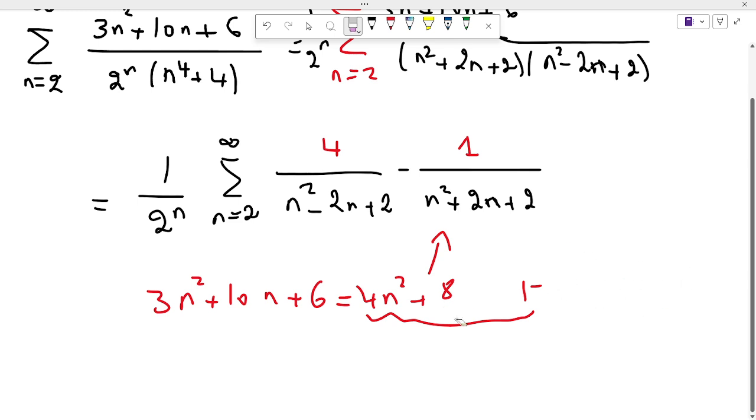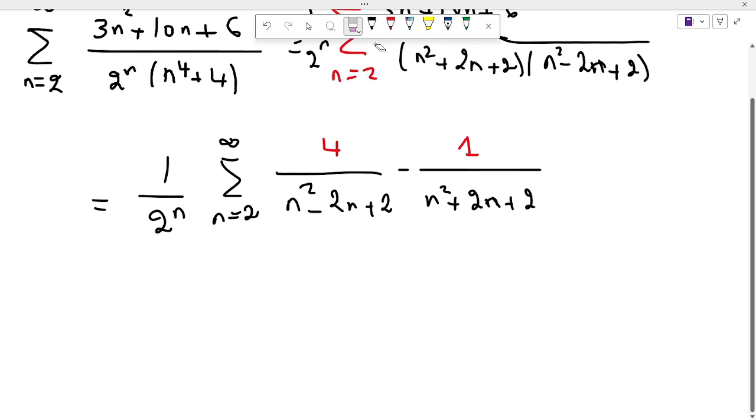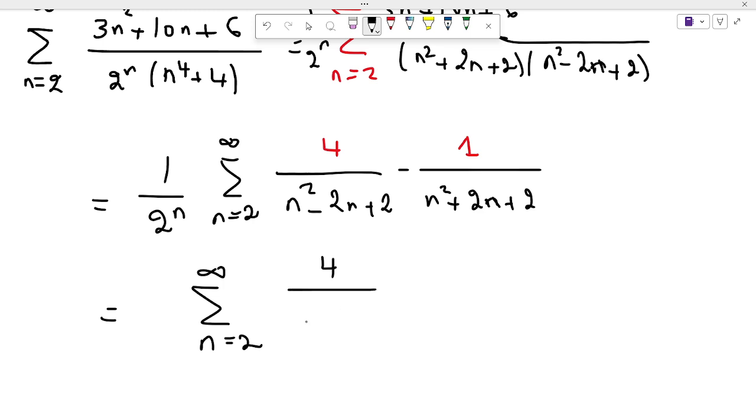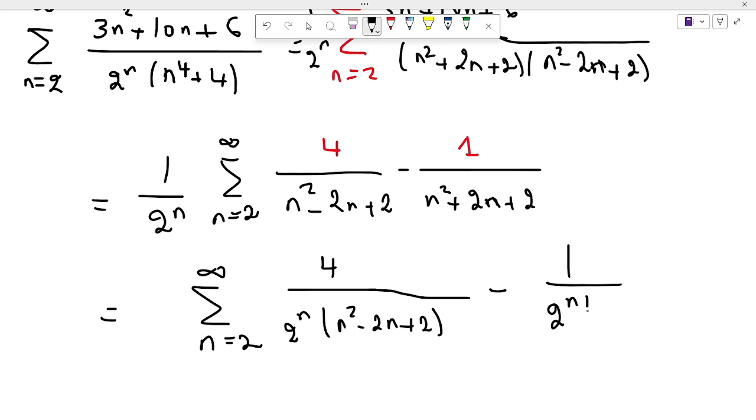Now that we've reached this situation, we can start trying out a couple of terms, for example for n equals 2. Before that, let's get this 1 over 2 to the power n back into our expression: 4 over 2 to the power n times (n squared minus 2n plus 2) minus 1 over 2 to the power n times (n squared plus 2n plus 2).